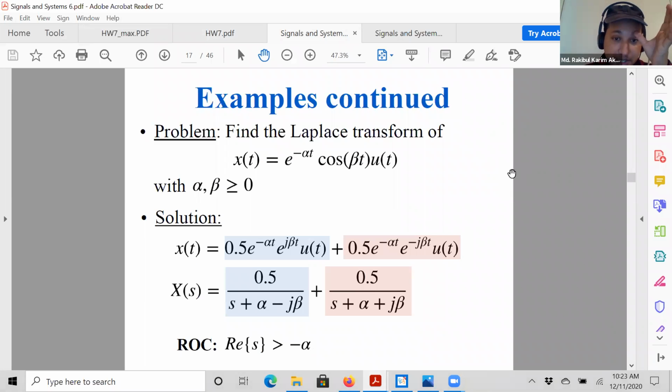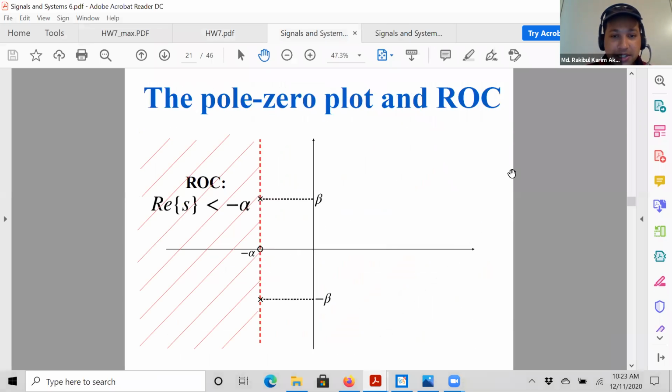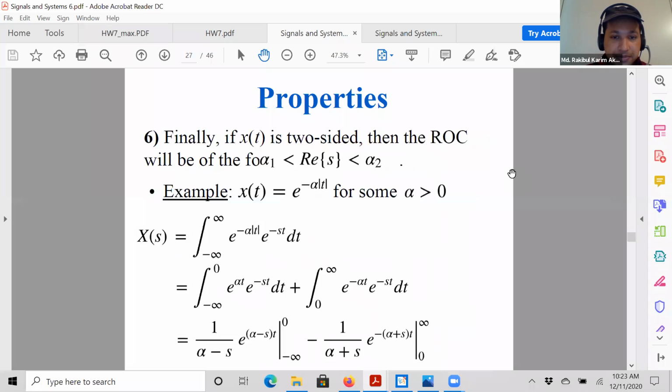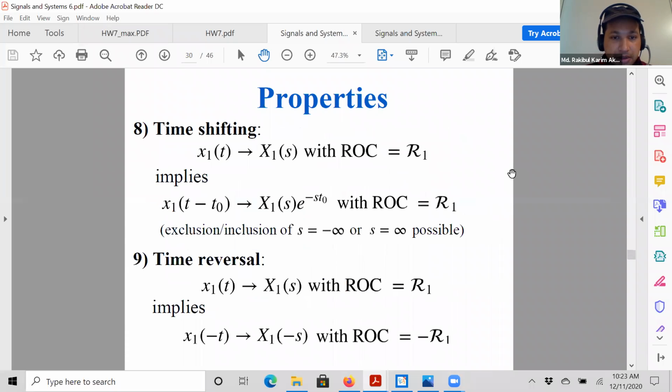I'm looking at lecture 6, not lecture 7. Yeah, here it is. If it is shifted in the time domain by t naught, then you have to multiply in the Laplace domain with e to the power minus s t naught. If it is minus t naught, it will be minus s t naught here. If it is plus t naught, it will be plus s t naught here.